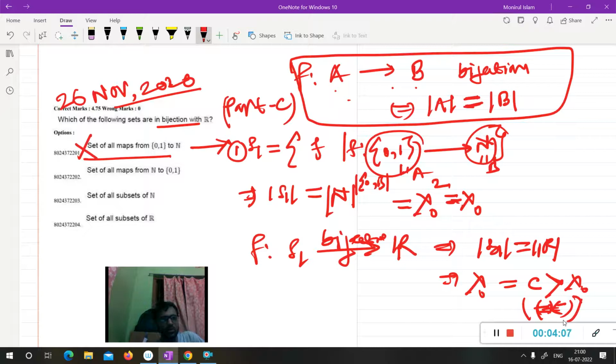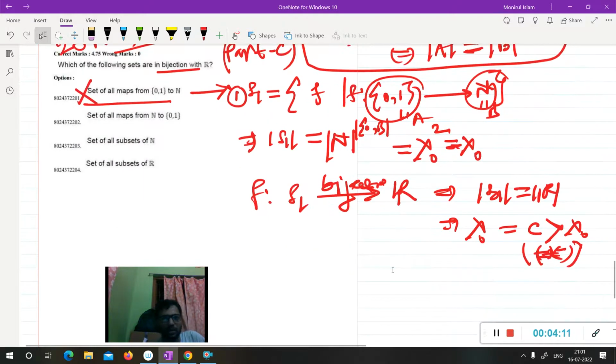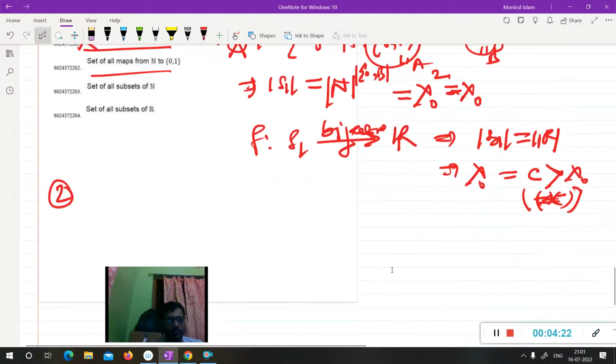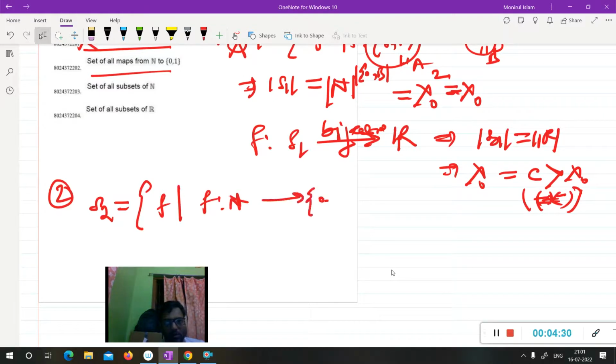Now see, going to option 2. Option 1 is incorrect, as this set is never bijective with R. Now this set is the set of maps from N to {0, 1}. Name it S2. Then what is the cardinality of this set?